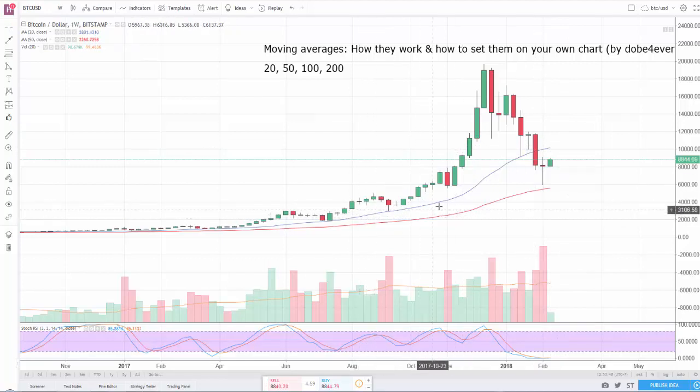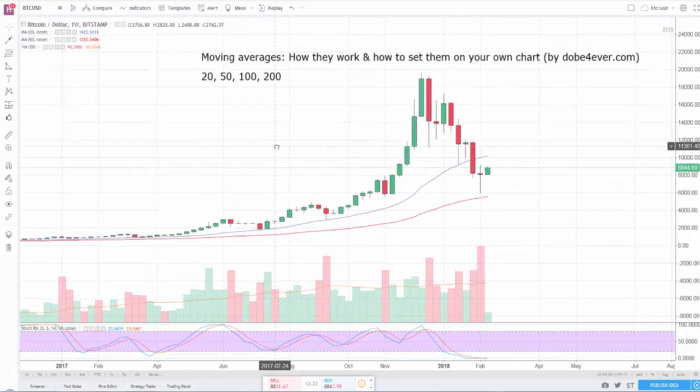And that's how these average lines form. This is the average price for the past 20 weeks in this case, and this one for the past 50 weeks, because it's set to 50-period moving averages, and it works the same in every time frame. So this is how they work.